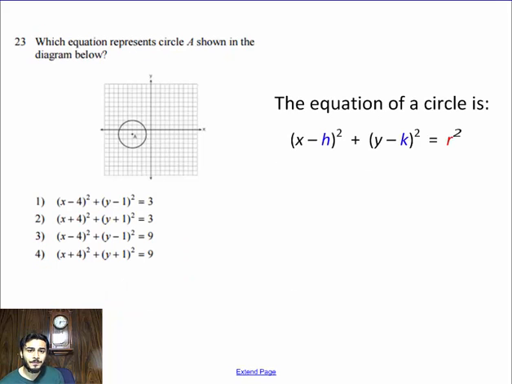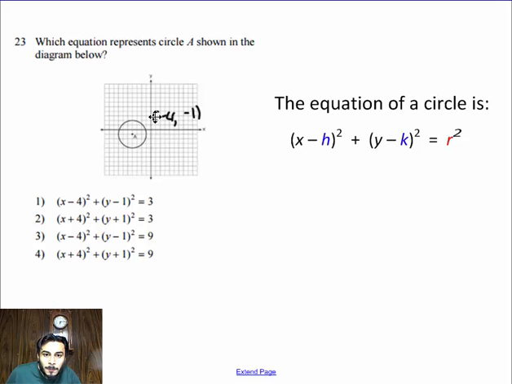Number 23. Which equation represents circle A shown in the diagram below? Well, if we zoom in to the center of this, you will see very clearly that the center of the circle is -4, comma, -1.